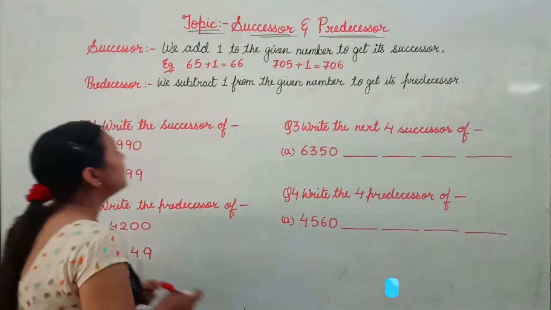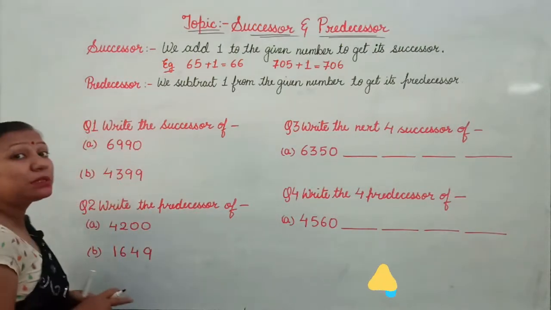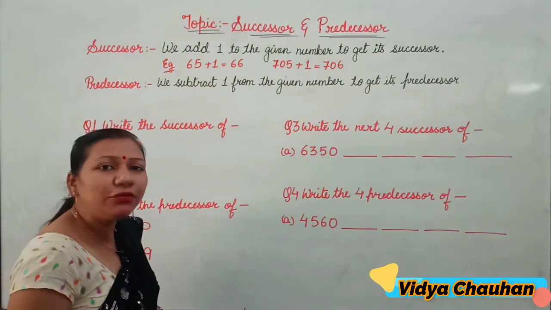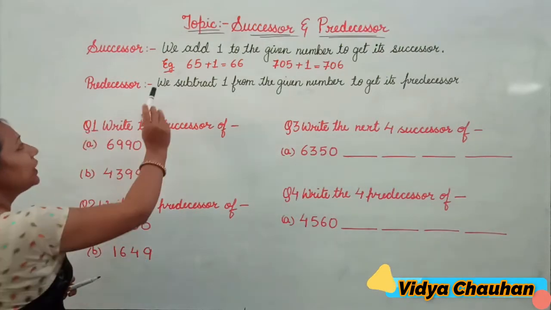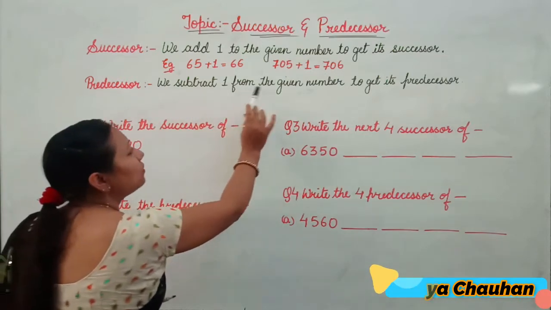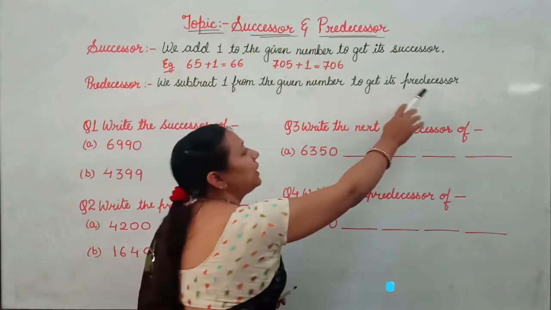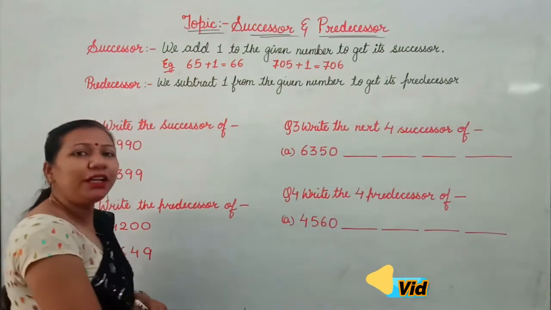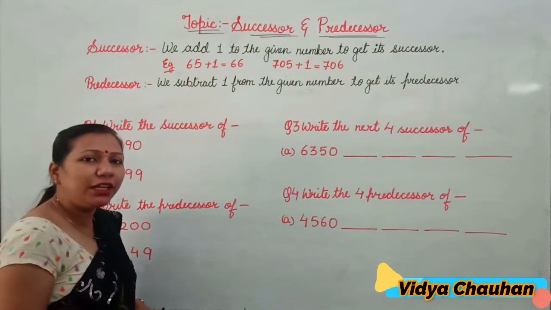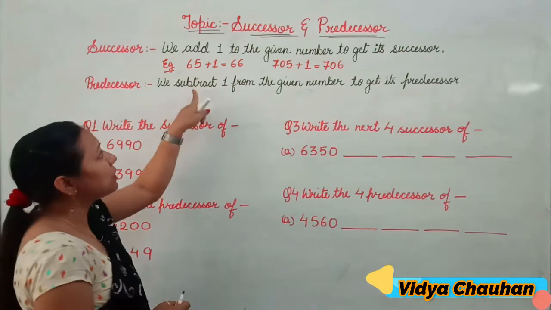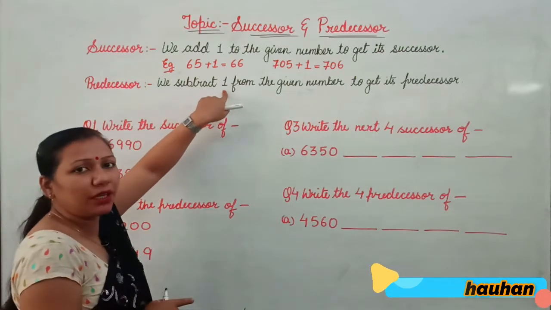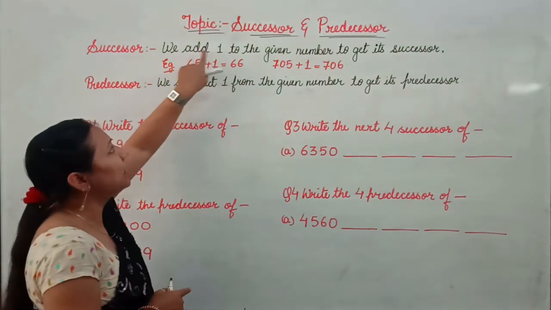Right students? Similarly, the opposite of that is predecessor. When you have to find the previous value, what you have to do? We subtract 1 from the given number to get its predecessor. For successor, we were adding 1.